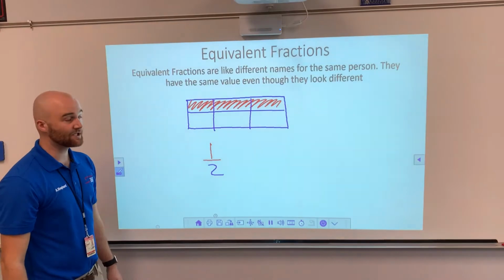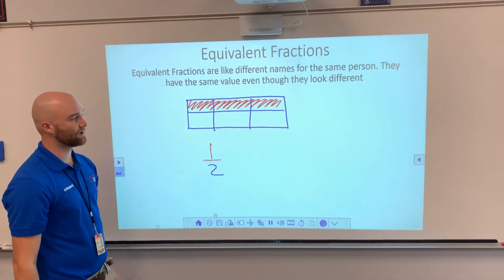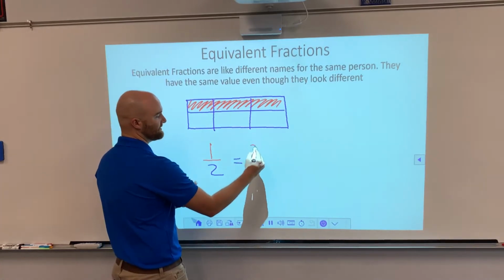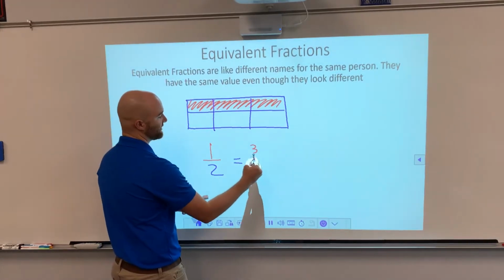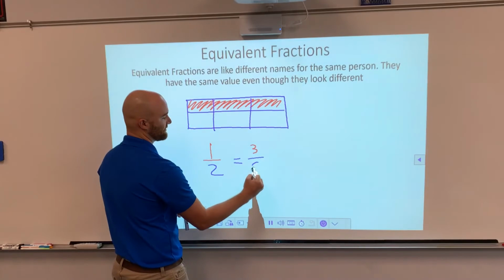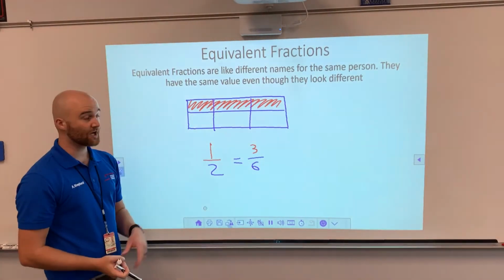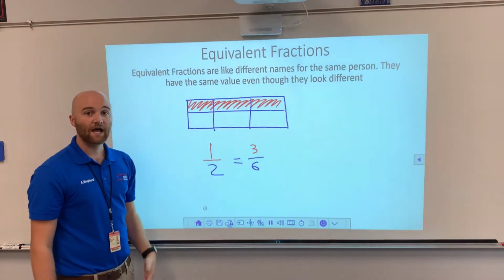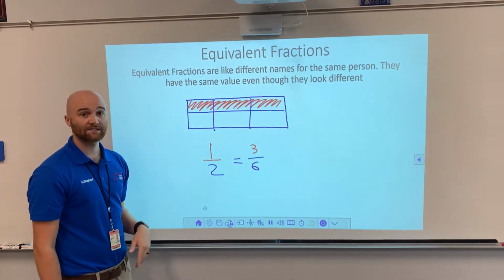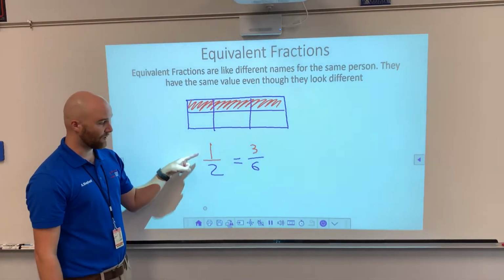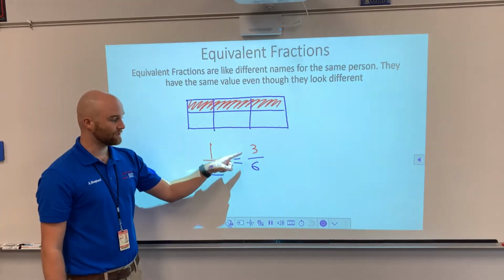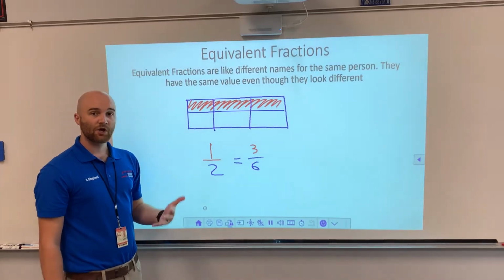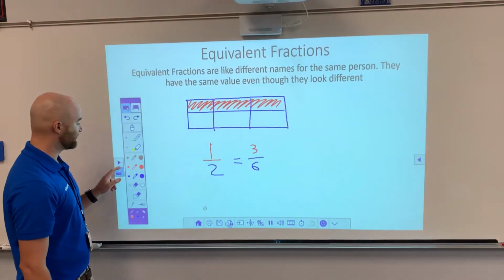Now I've split it up into a total of 6 parts. So now I've got 3 parts shaded out of 6. Because I didn't change how much I have shaded, I just changed how I split them up, I still have the same value. It still has the same worth. So that means that 1/2 is equal to 3/6. That's an equivalent fraction. Let's show how we can find some equivalent fractions.